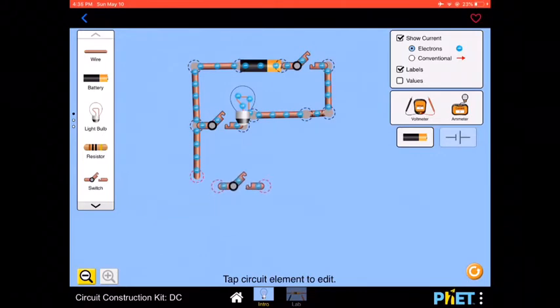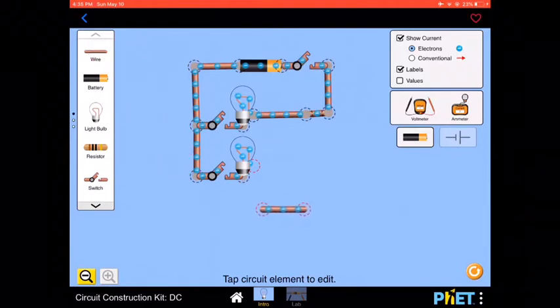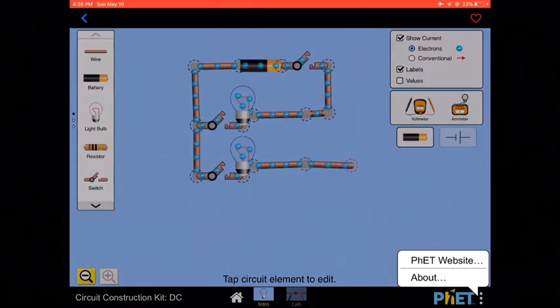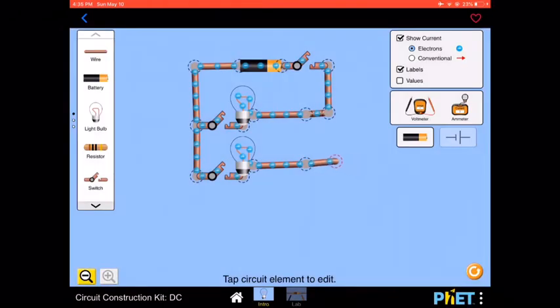Have another switch here, another bulb here. Let's connect that, right? And let's connect it there, right?